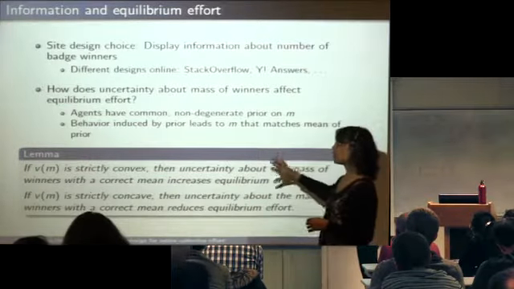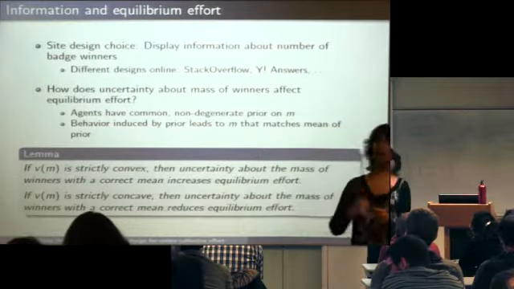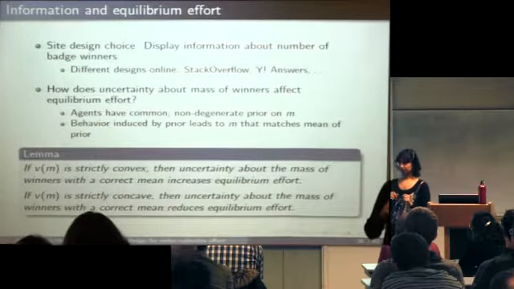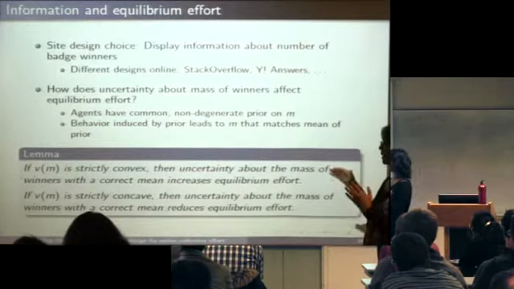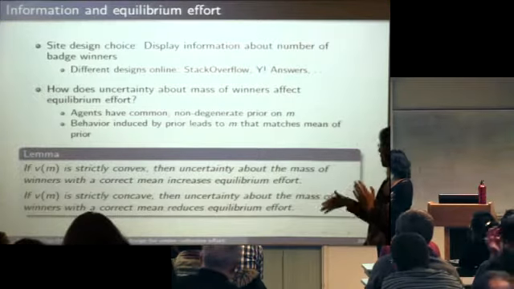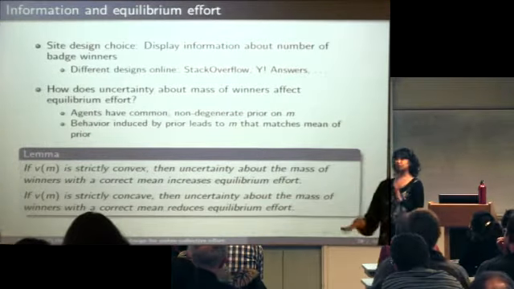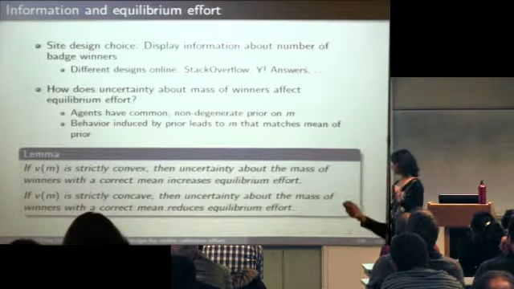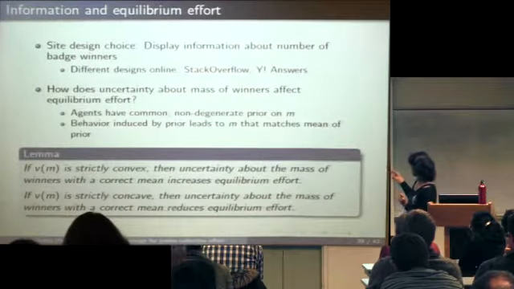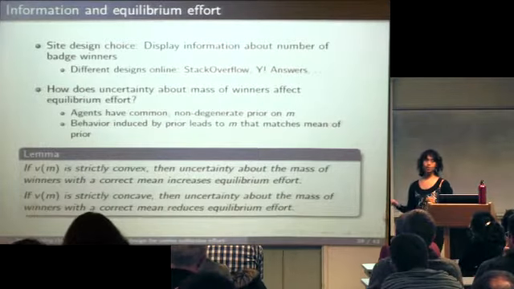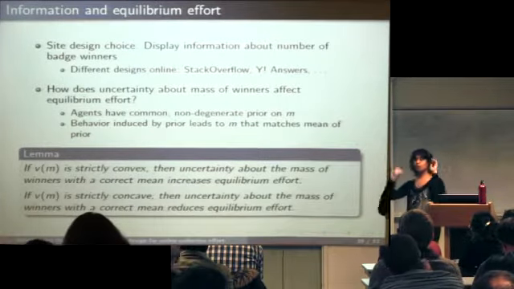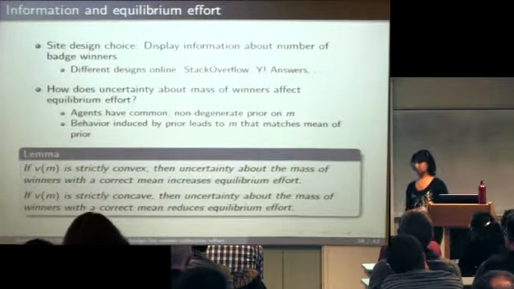The answer turns out to depend on the convexity of how people value winning a badge as a function of how many other people have it. So if my value for winning a badge drops in a convex way with the number of other people who are winning the badge, then I really should not be releasing information about how many people are winning the badge. On the other hand, if that value is concave, then I just want to go out there and say this is how many people have won the badge.